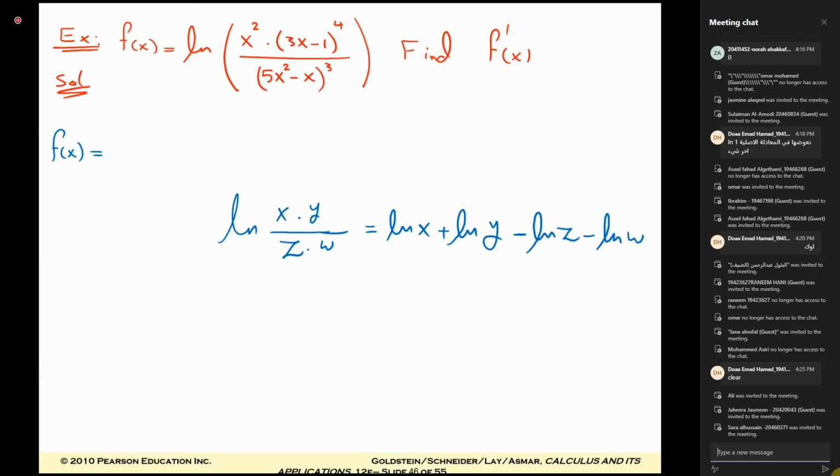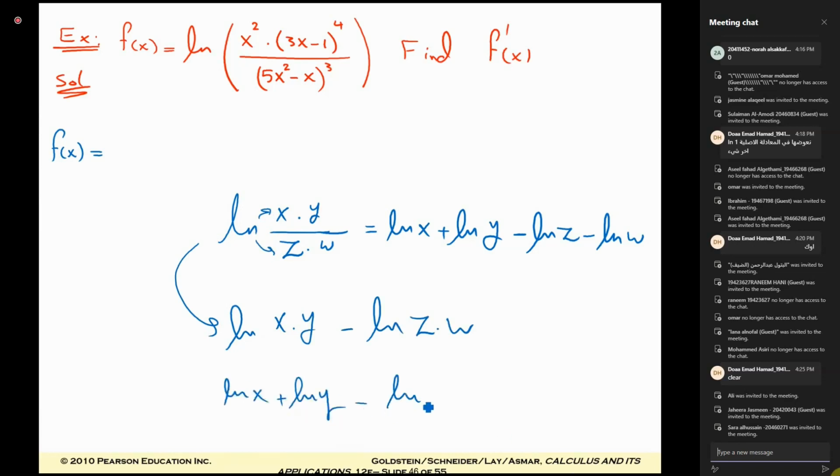When we distribute the ln over the numerator and denominator, any terms or products in the numerator are plus ln, plus ln, plus ln. But in the denominator, they become negative ln, negative ln, negative ln. Okay, because firstly we have ln (x times y) minus ln (z times w), and after that, ln x plus ln y minus ln z minus ln w. Okay?